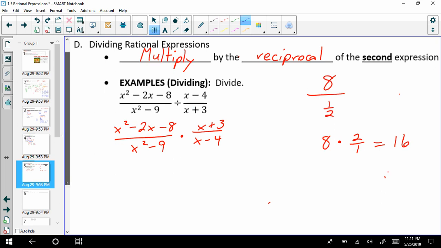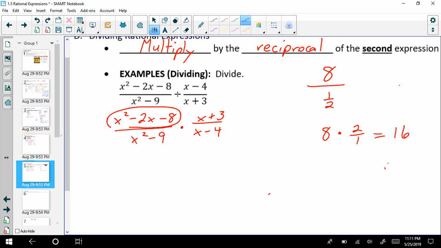So let's factor everything. So this top guy here, I'm going to mark it. I want to multiply to -8 and I want to add to -2. Two numbers that multiply to -8 and add to -2 should be a -4 and a +2.